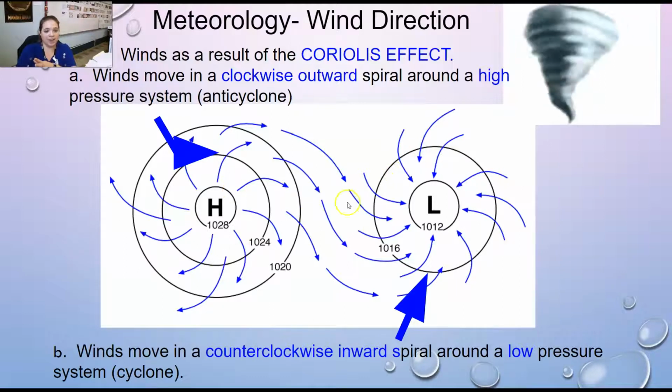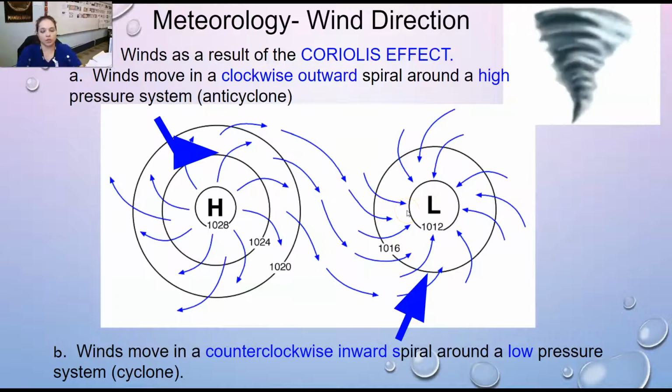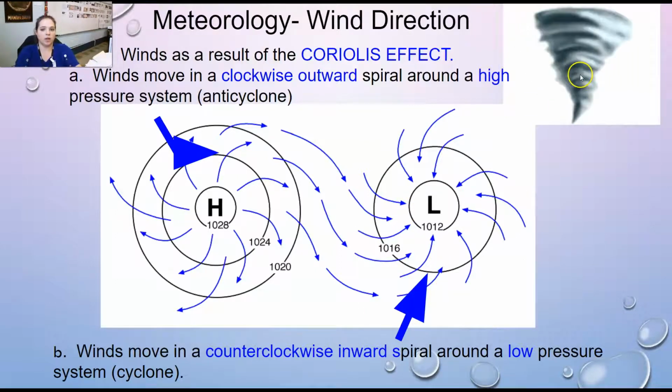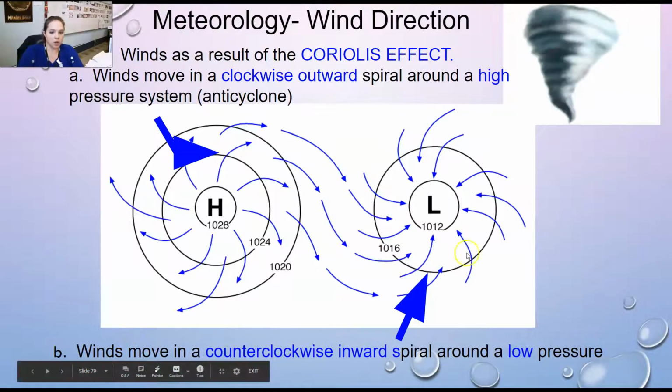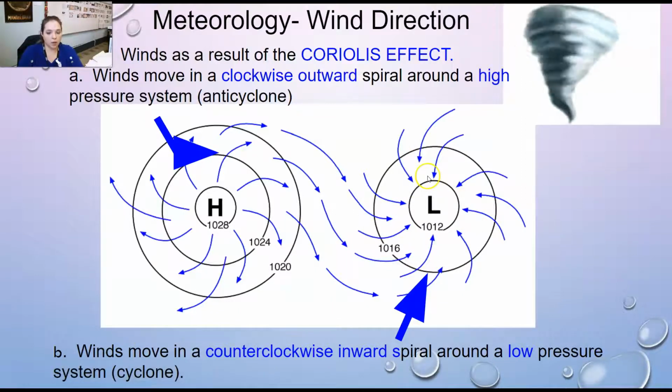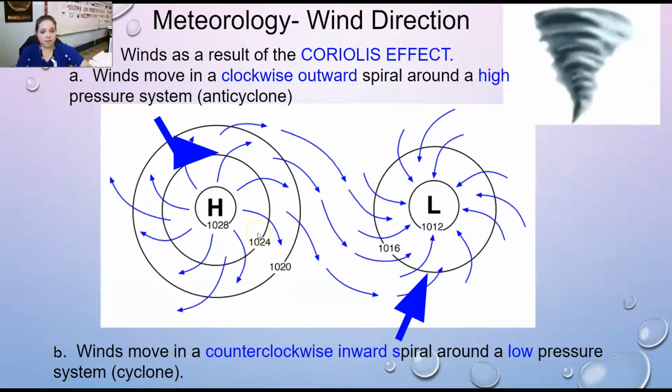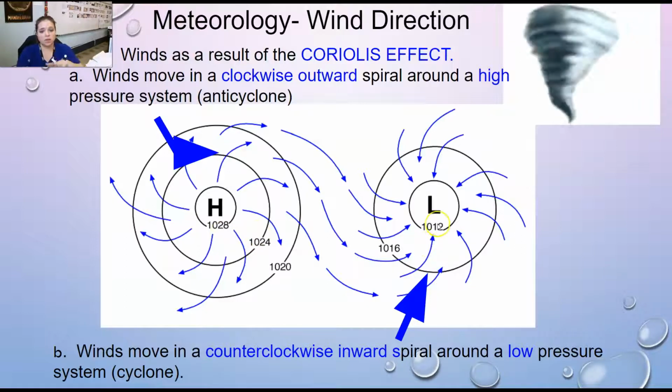This one goes clockwise, and this one goes counterclockwise around a low pressure, or a cyclone. Think of hurricanes: lows are counterclockwise. Think of high C, clockwise: highs are clockwise, lows are counterclockwise.